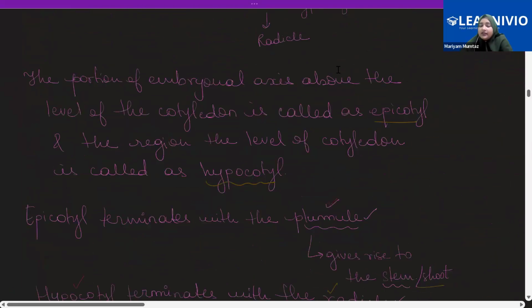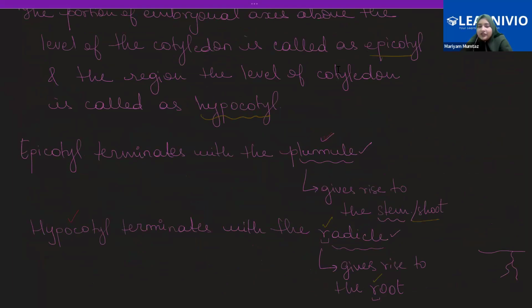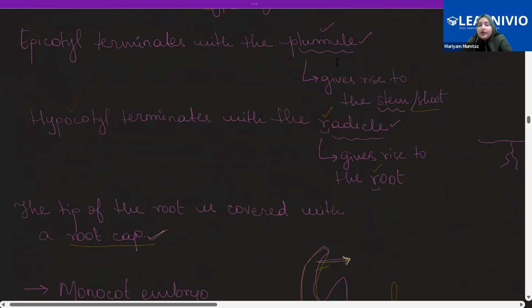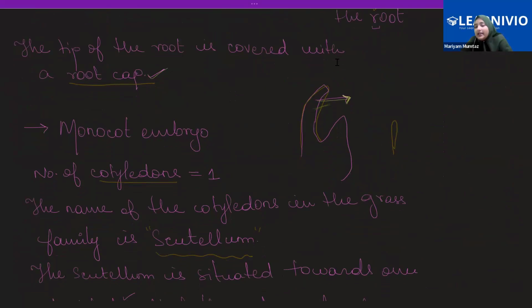Clear? Now, the same exact thing is going to be there in a monocot seed as well, a monocot embryo, but a little bit of change is going to be there because it is a monocot. It will have just a single cotyledon, which is laterally placed, and the name of that is scutellum. In monocots, there is also going to be radicle and plumule, but the only difference is that the radicle and plumule are covered by an extra layer of sheath to protect them.